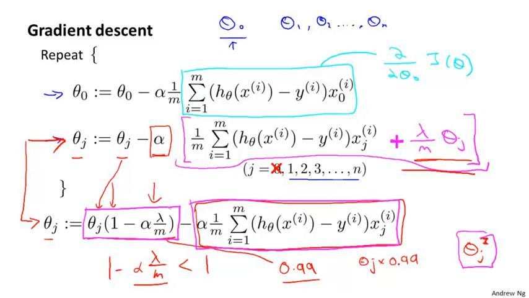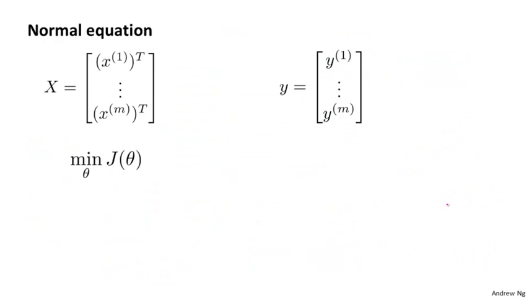Of course, that's just the intuition behind what this particular update is doing. Mathematically, what it's doing is exactly gradient descent on the cost function J of theta that we defined on the previous slide that uses the regularization term. Gradient descent was just one of our two algorithms for fitting a linear regression model.